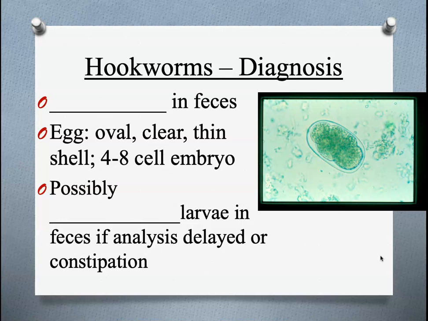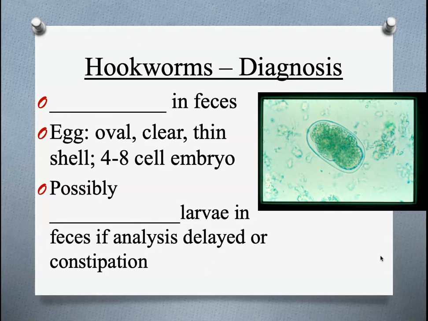Now, it's possible to see rhabditiform larvae in the feces if analysis is delayed, meaning we don't test the stool sample quick enough, and in the stool sample cup, rhabditiform larvae hatch out of the eggs that were in the stool. So if it sits out at room temp without a fixative, it's possible that this can happen.